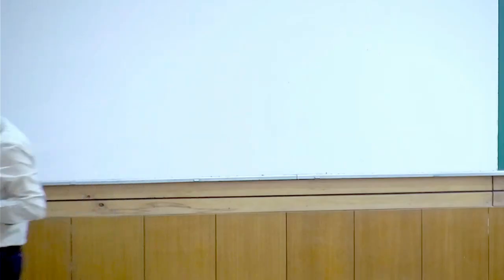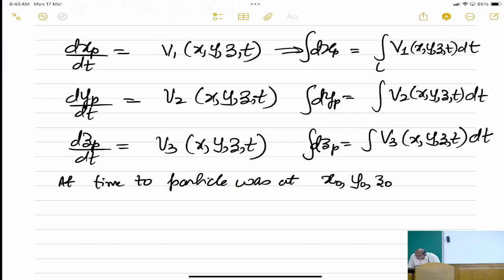And now what are the limits? At time t is equal to t0, the particle is at x0. At time t is equal to t0, particle is at y0.